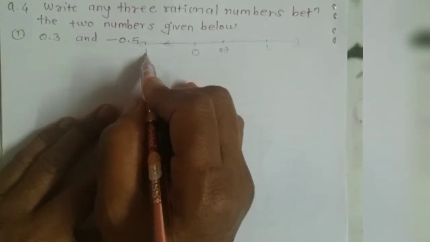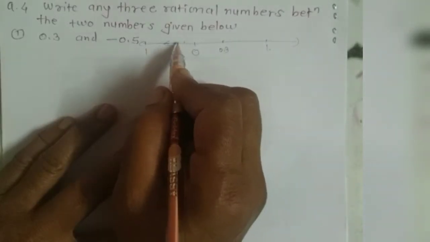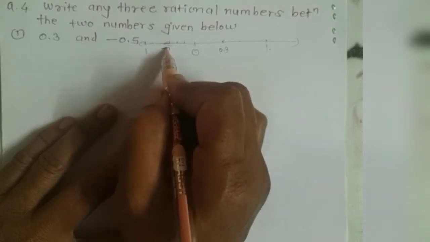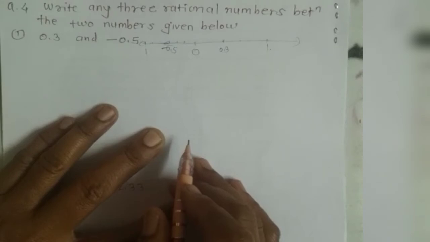Same way this is minus 1. Here we make again 10 parts and at the center there will be minus 0.5.